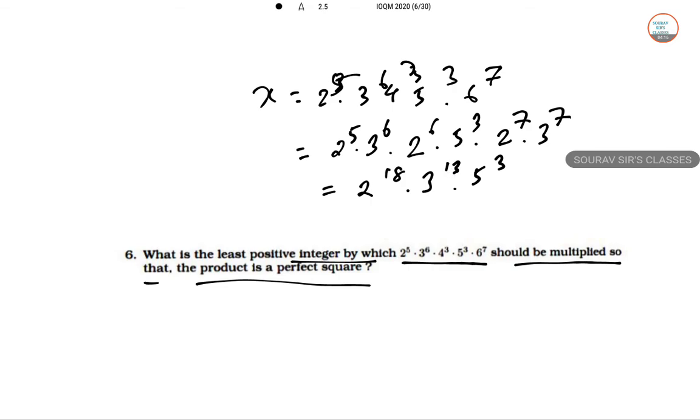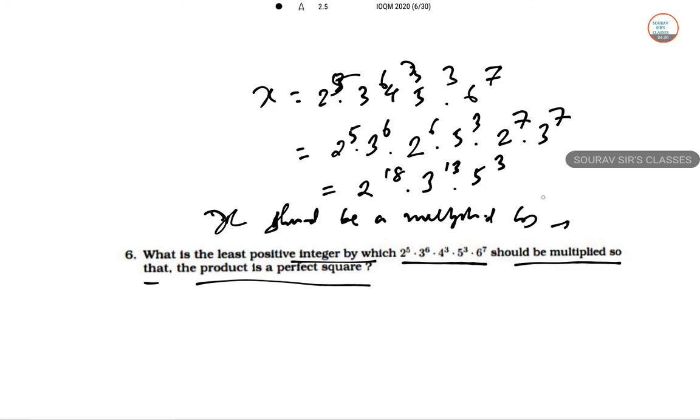So for m to be a perfect square, m should be a multiple of this total x, or x should be multiplied by something. So what is being left?